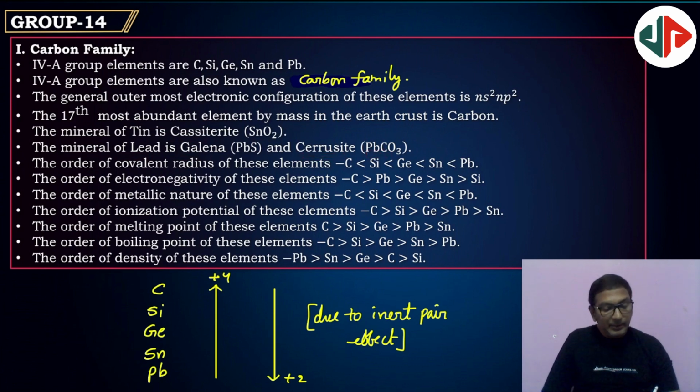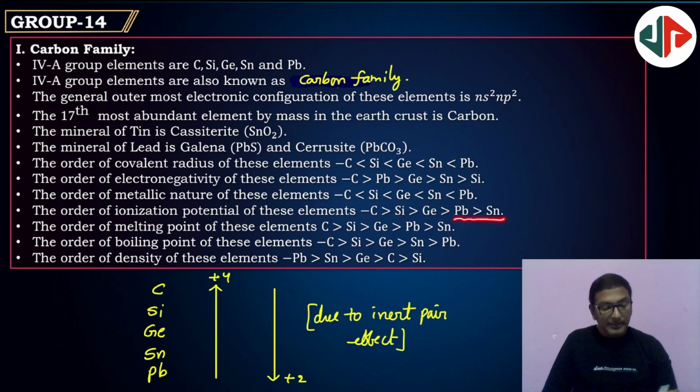Next, these are the general properties. First, covalent radius: carbon, silicon, germanium, tin, lead. Down the group, the radius increases. Electronegativity: carbon, lead, germanium, tin, silicon. Very, very important. Next, metallic nature: carbon, silicon, germanium, tin, lead. It increases down the group. Ionization energy: carbon, silicon, germanium, lead, tin.